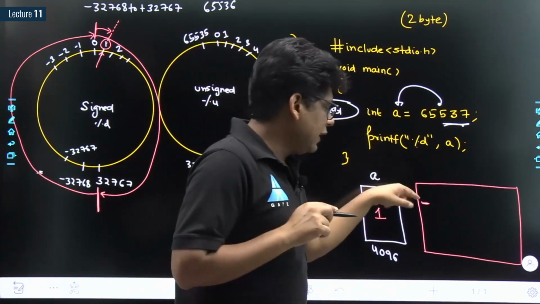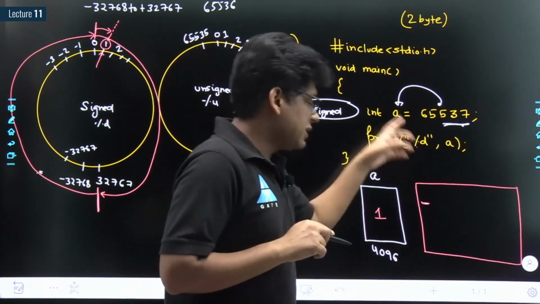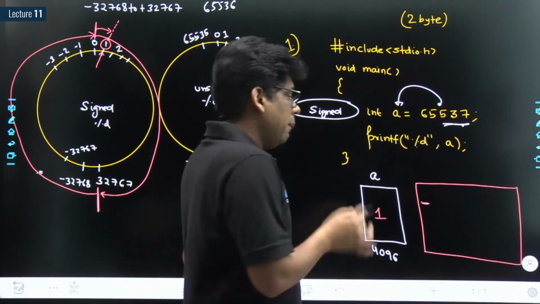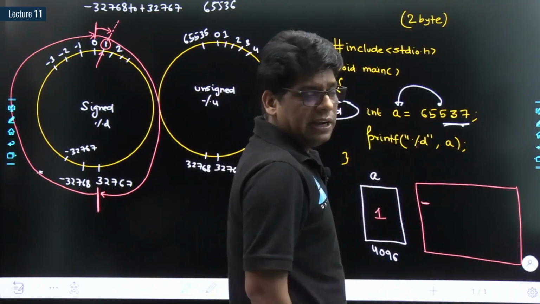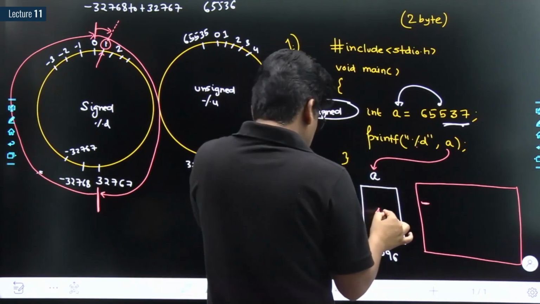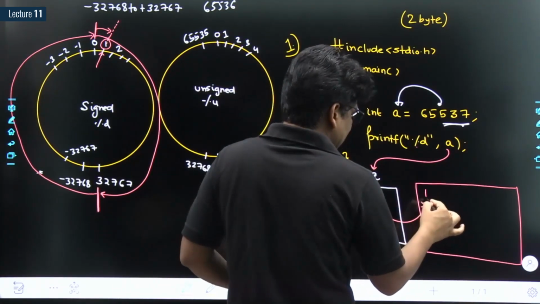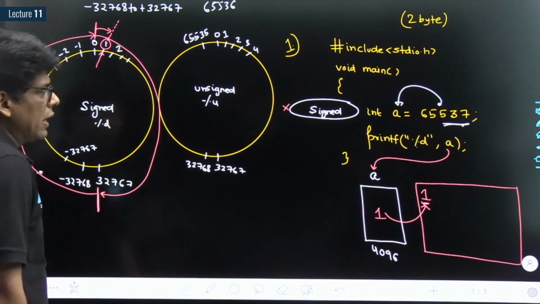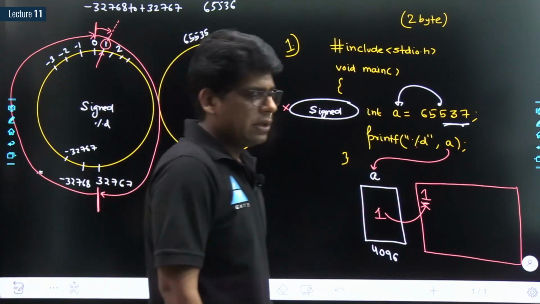But from where to fetch that integer value? Go to the named memory location A, collect this value and print it. That is why the output of this code is 1.